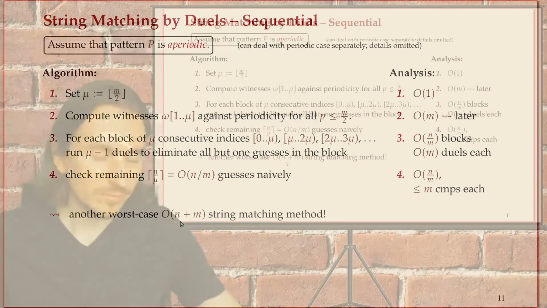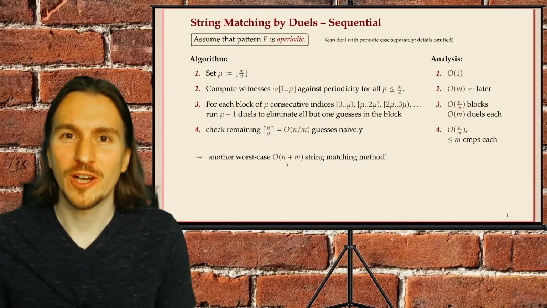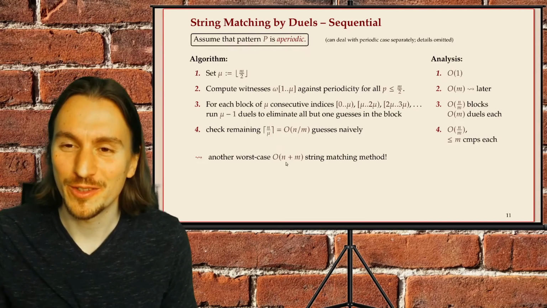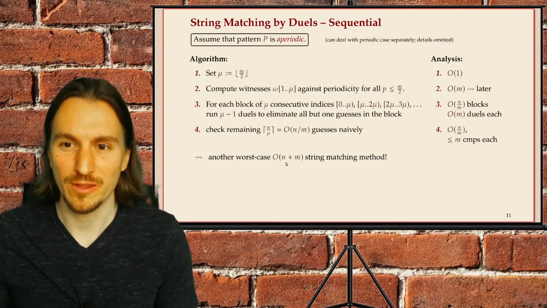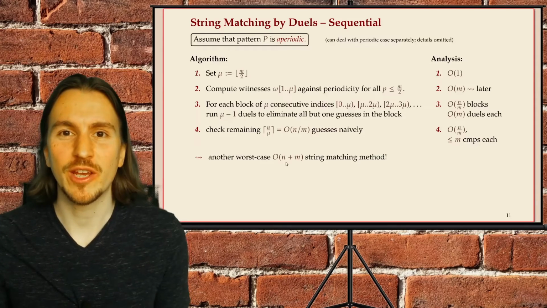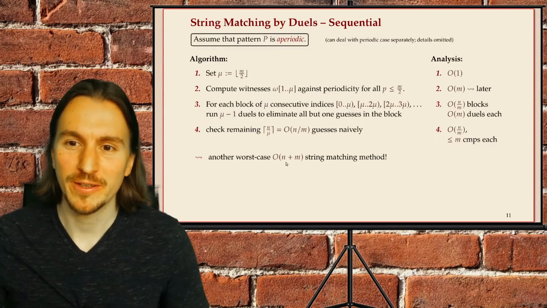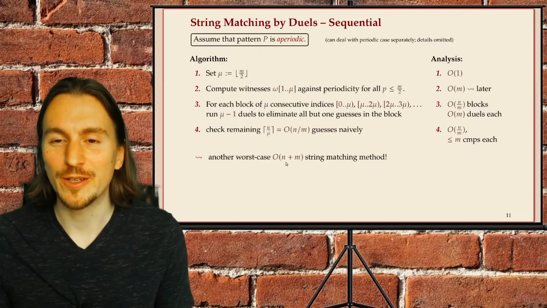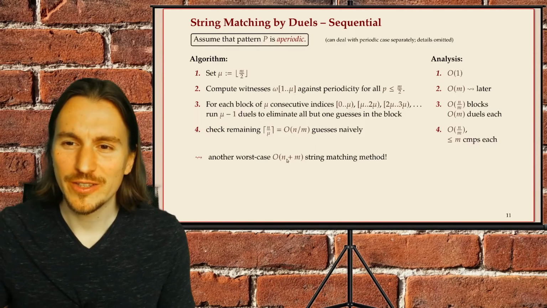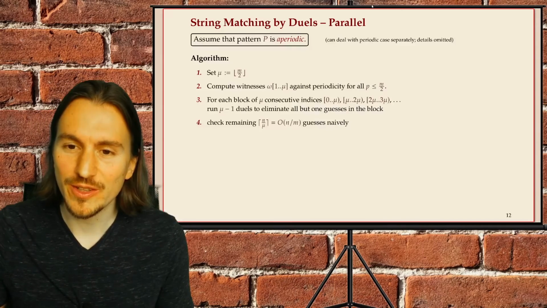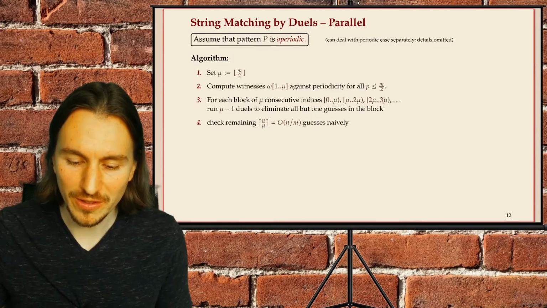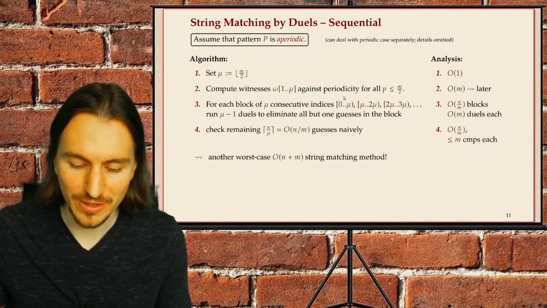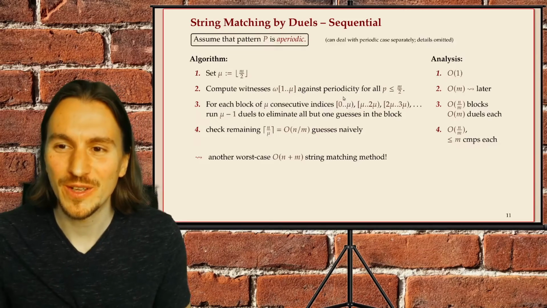So one outcome of this unit is another worst case efficient string matching algorithm, essentially with the same guarantees as Knuth-Morris-Pratt, achieved in a slightly different way. Now there's a slight catch to this in that we do have to compute the witnesses against periodicity.